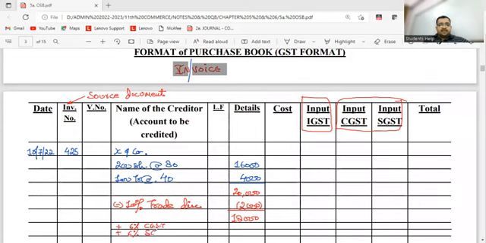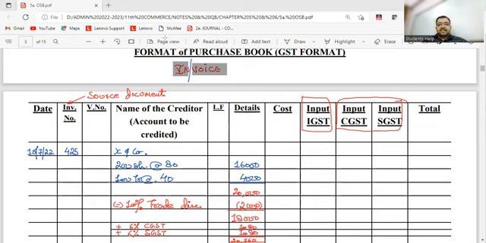So please calculate 6% of 18,000. 1080 and 1080. What's the total coming, children? 20,160. Please put it fast. Below this, you will be drawing a line again.